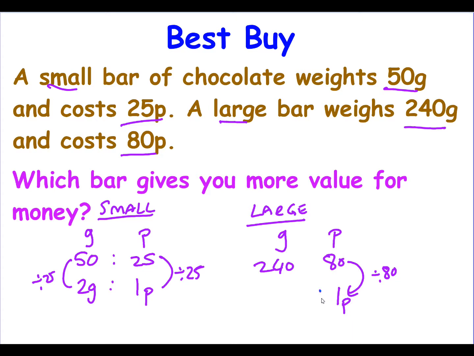So I'm trying to find out what 1 penny gives me. And when I divide the other side by 80, I get 3 grams per penny. So the bar that gives me the best value is the large bar, because I get 3 grams for my penny as opposed to the small bar, which gives me 2 grams for my penny.